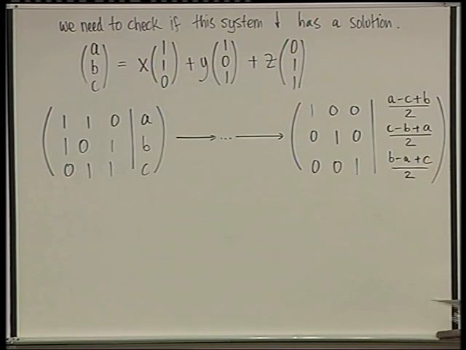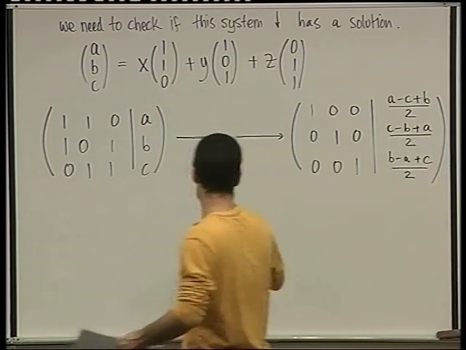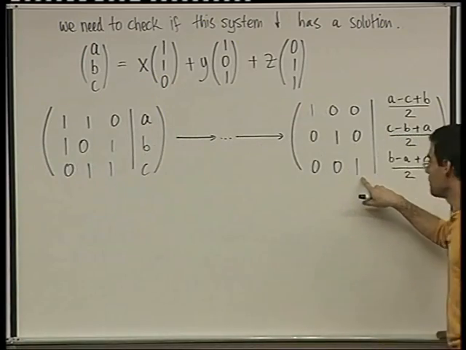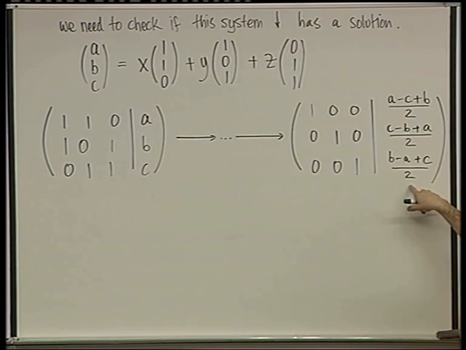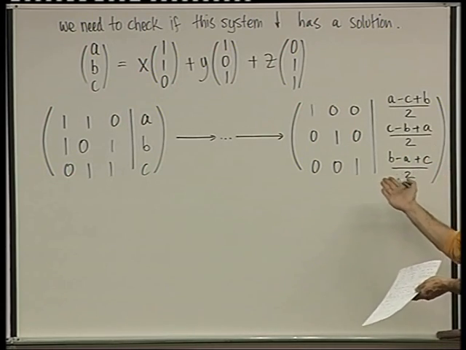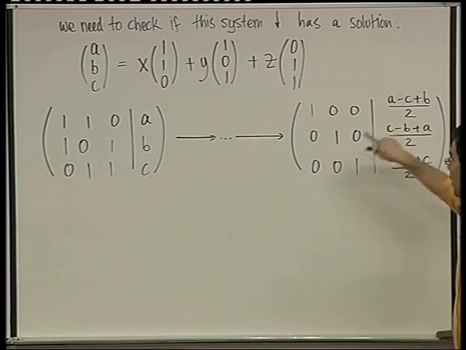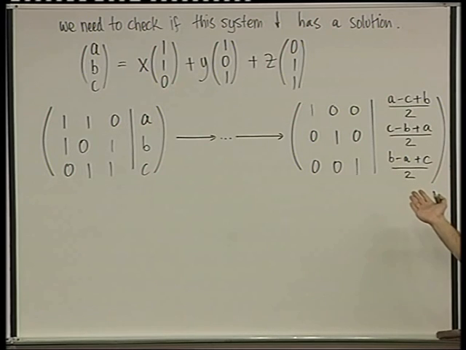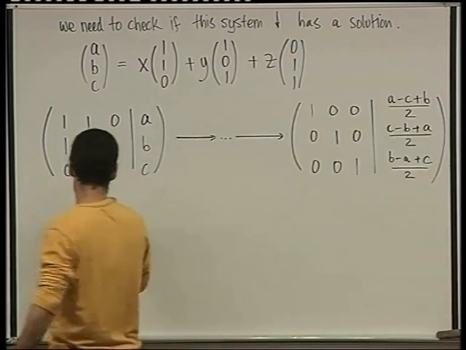Okay? So what this means is that the rank of A is the same as the rank of A star, and it equals n, which was 3 here. Therefore, there is a unique solution, and it's right there staring at us. x has to be this, y has to be this, and z has to be this. Do you agree?